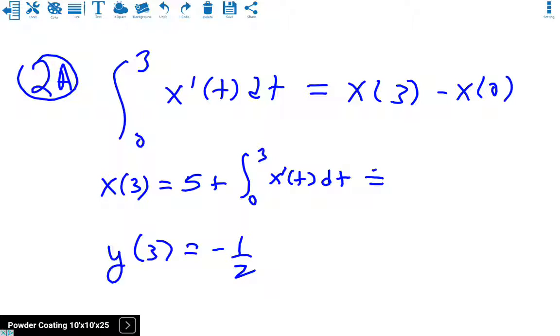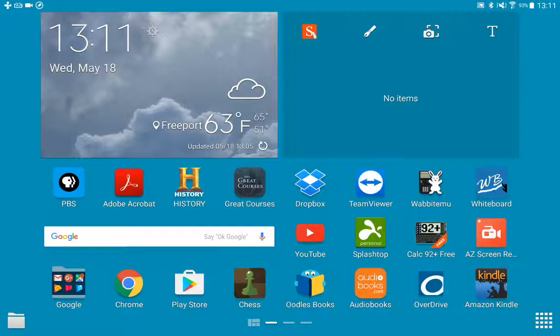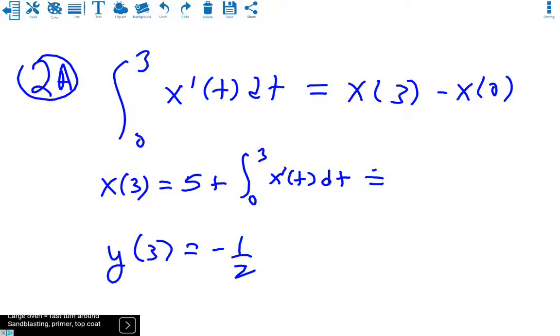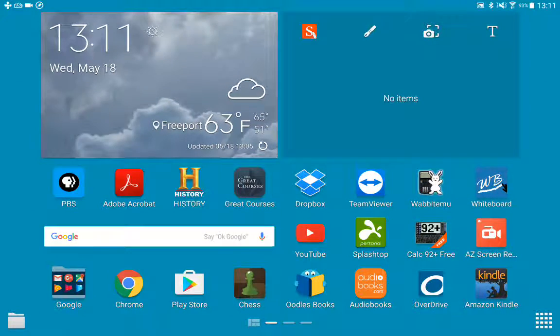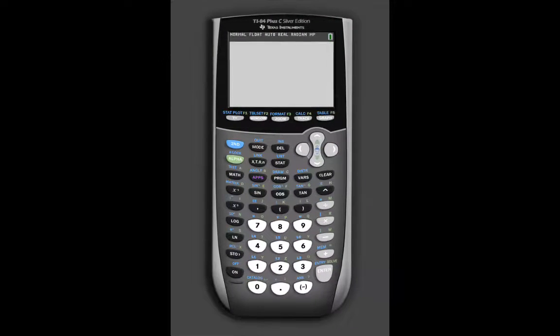All right, so let's bring out the calculator. I need 5 plus the integral, let's see, math 9, of, what was it, t squared plus sine of t, right?